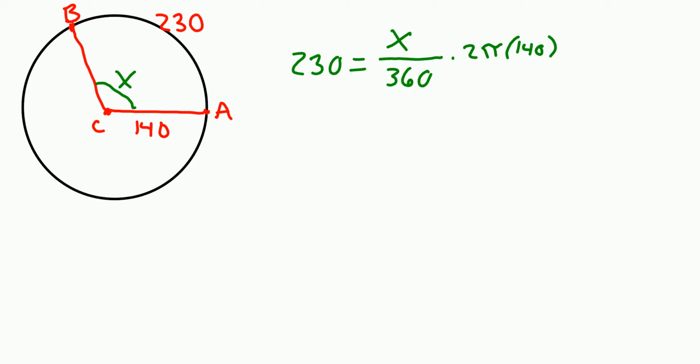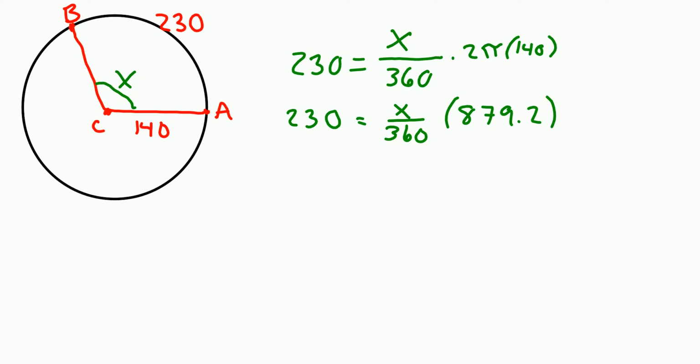So when we do this, we're going to figure out what 2 pi r is, or 2 pi times 140. And that is about 879.2.